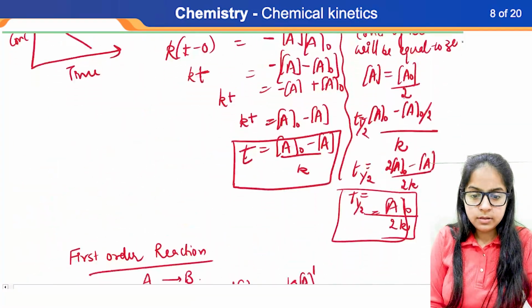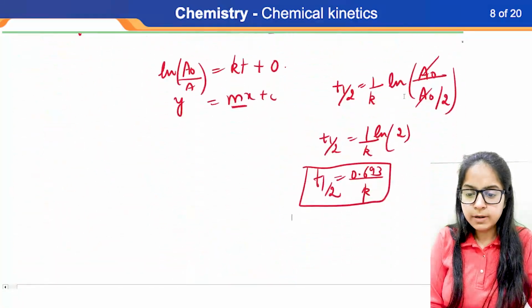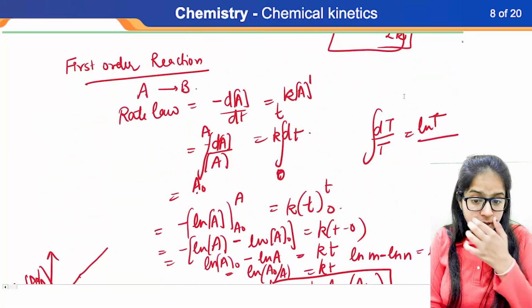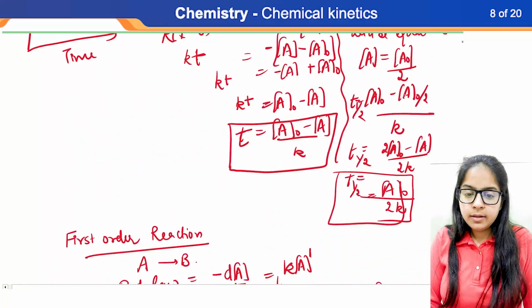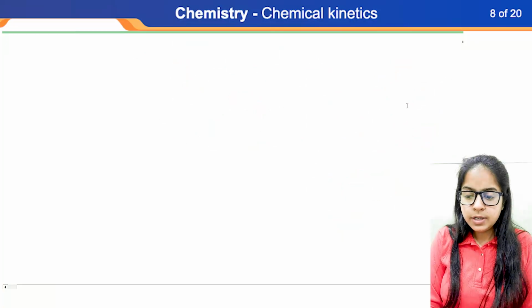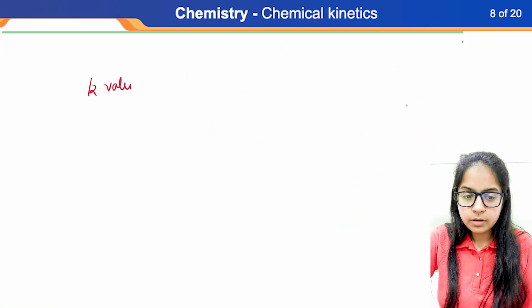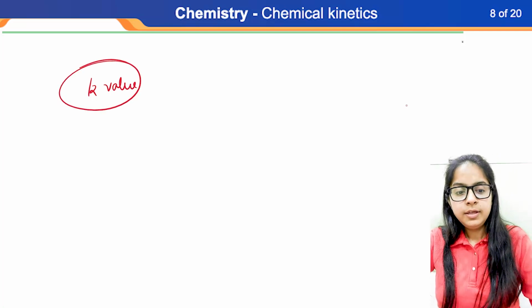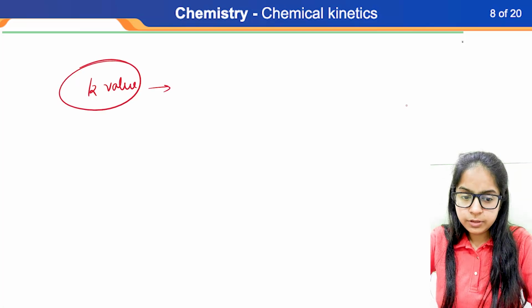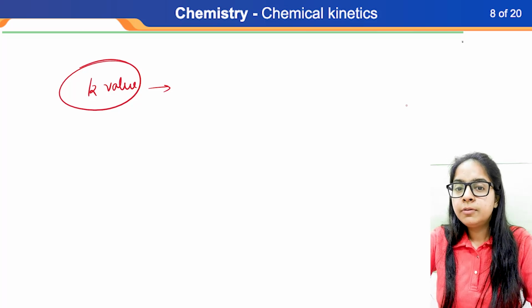Now the next one is our integrated rate expression. I have explained it in the best way, and you need to remember t and t half. Again, you also need to remember the k value.